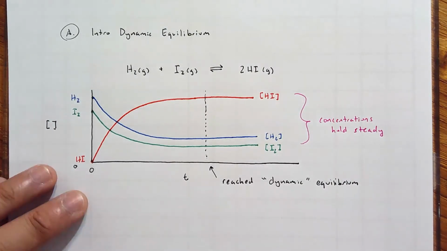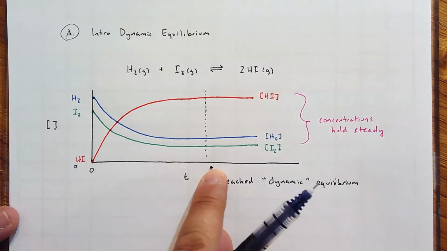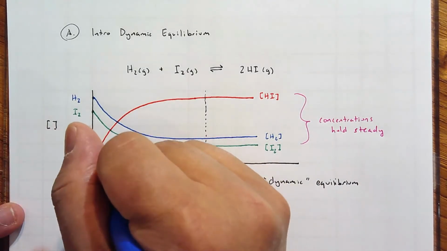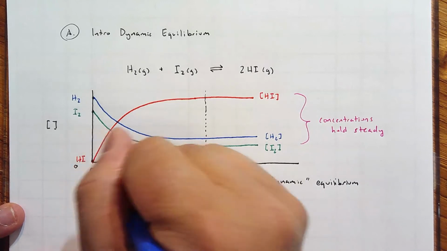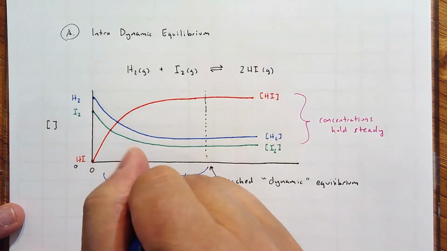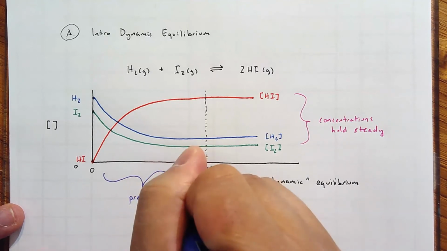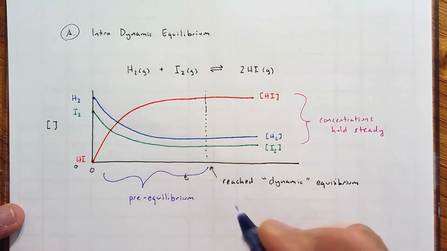What about the time before we reach this time? That is considered pre-equilibrium. So from 0 to that time, this is pre-equilibrium.